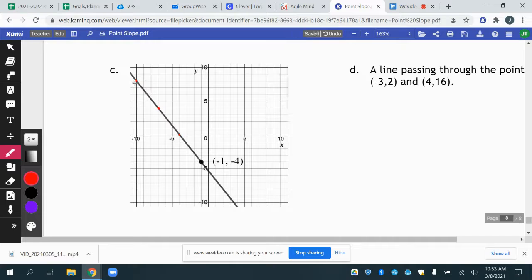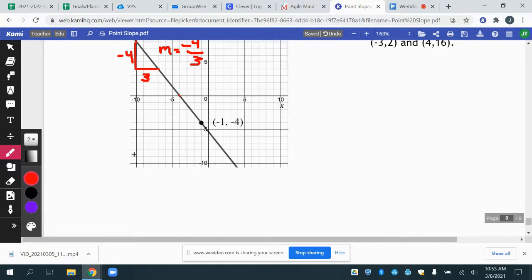It seems to be going down. And over 3 each time. So m is going to equal -4 over 3. It's that simple.